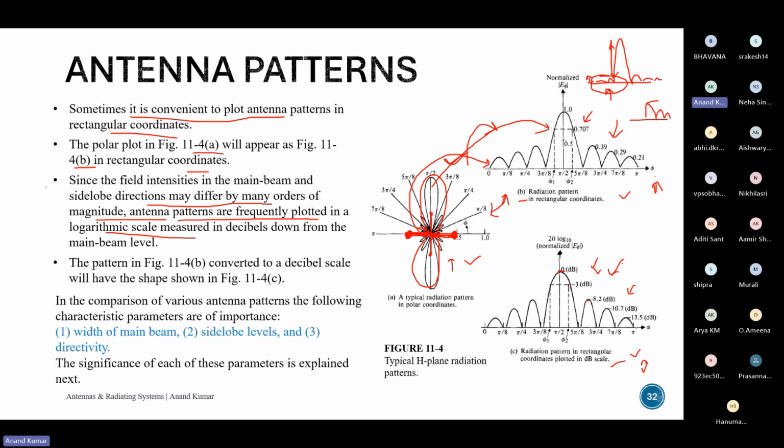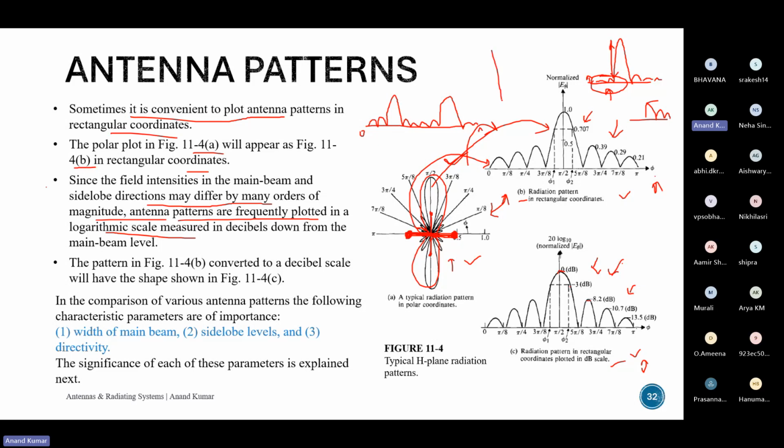There was some noise, so I'll try to repeat what you said. Let me know if I heard something wrong. So you said, let's draw a rectangular coordinate. For example, you're saying if we have some radiation pattern looking like this from 0 to pi, and we have some minor beams over here and these beams over here.